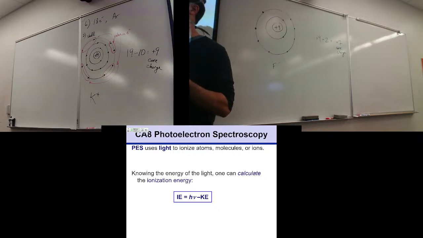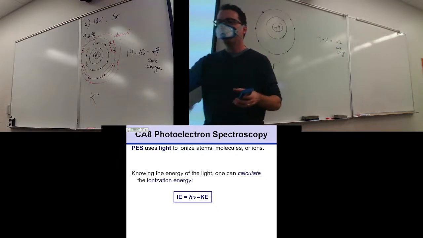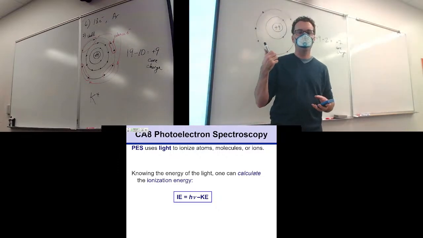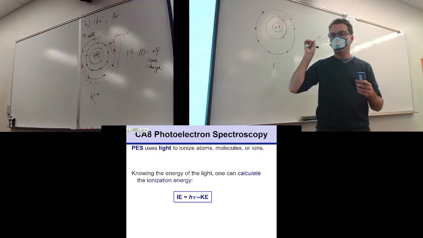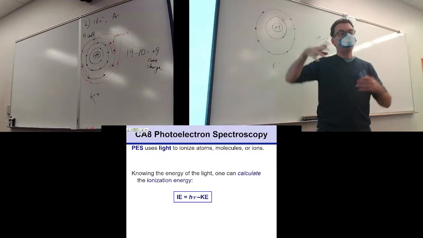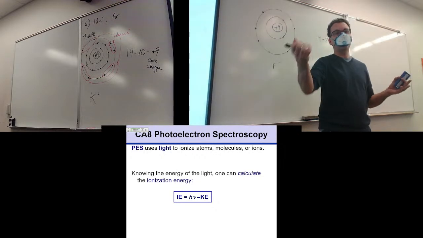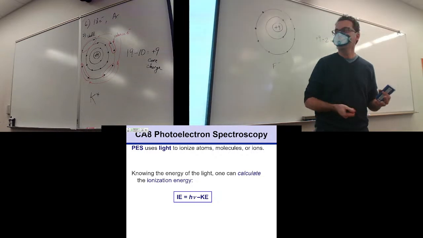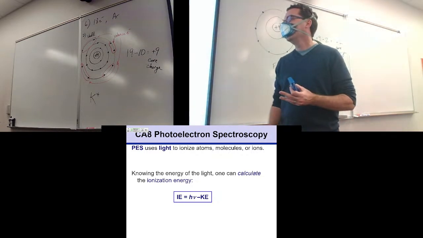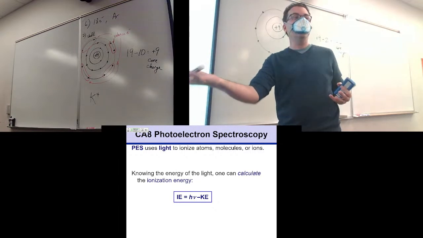Most of the energy of the photon went to ionizing it, and only a little was left to make the electron move. So we're talking about conservation of energy, where the photons have a set amount of energy. It's plenty to ionize the atom, but there's energy left over that causes the electron to come out with a certain velocity, a certain kinetic energy. The faster they're moving, the less energy it took to remove them.